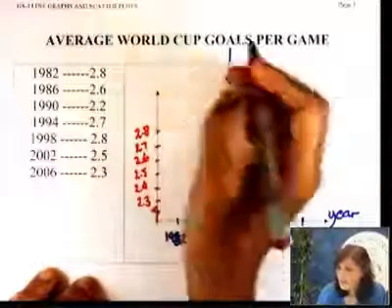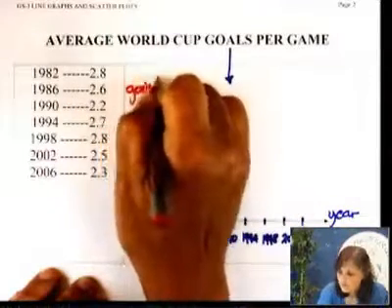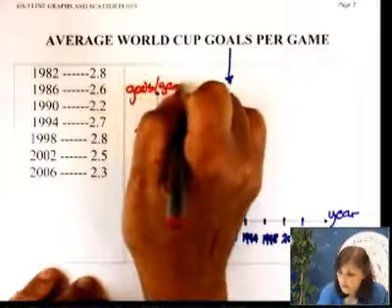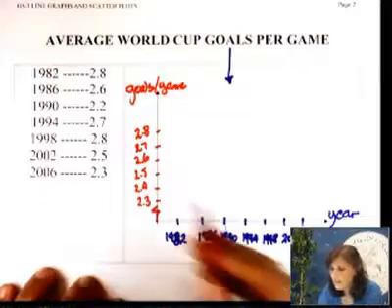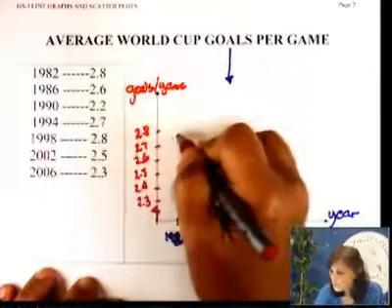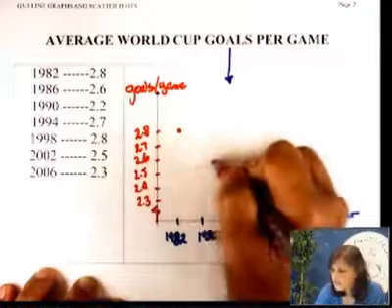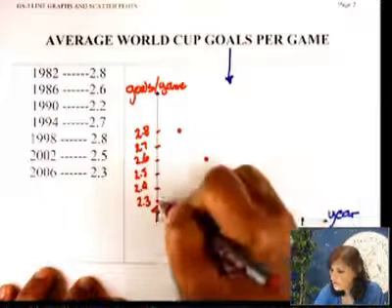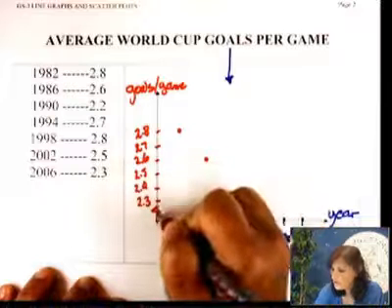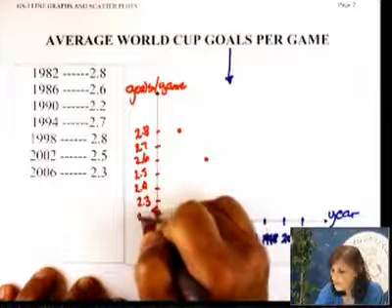And this one is goals per game on average. So that's a statistical number. That's why it's a decimal. 1982 is going to be 2.8. 1986, 2.6. 1990 is 2.2. Oops, I just realized I shouldn't have broken it at 2.2 right here.